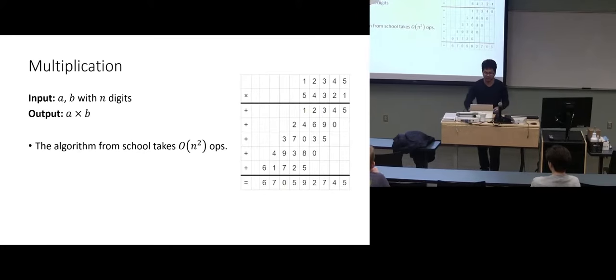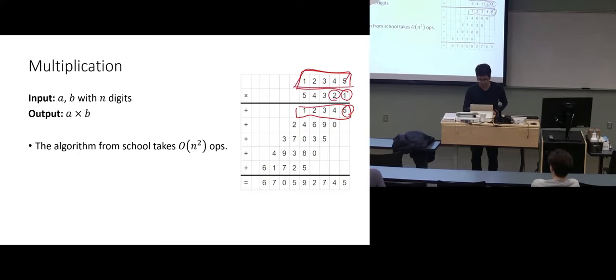Why? Because this is your tabular algorithm. I don't know what the name is, but you multiply 1 by this whole thing and you get a 5-digit number here. Multiply 2 by this whole thing and you get this number. At the end, if these are 5 digits, you have something like 25 numbers that you need to write down and then sum up.